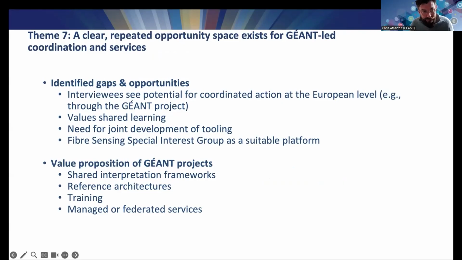The seventh and final theme was that there seems to be a clear and repeated opportunity for GÉANT and GÉANT community-led coordination and services with fibre sensing.